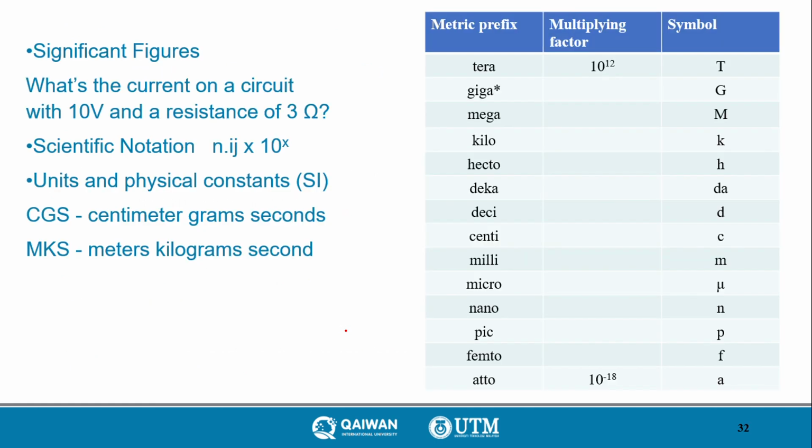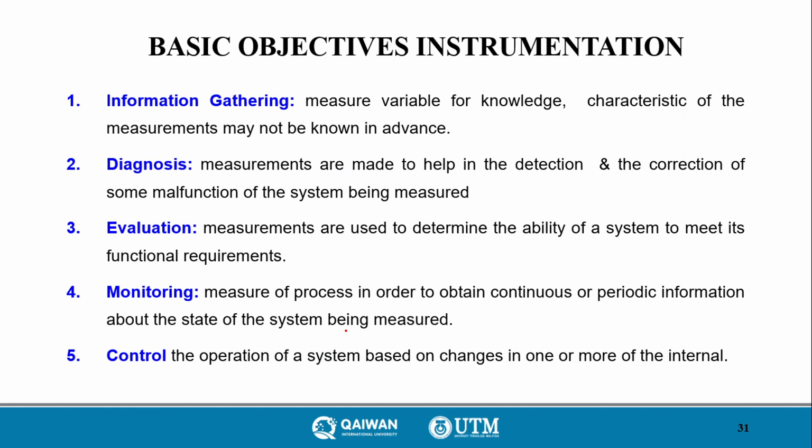The basic objectives of the instruments: information gathering, measuring a variable for knowledge, where the characteristics of the measurements may not be known in advance. Diagnosis: measurements are made to help in the detection and correction of some malfunctions in the system being measured. Evaluation: measurement used to determine the ability of the system to meet its functional requirements.